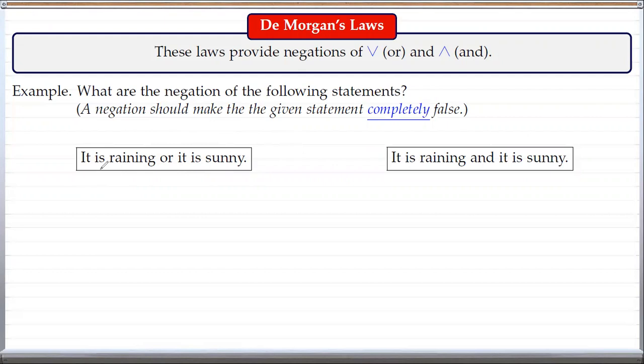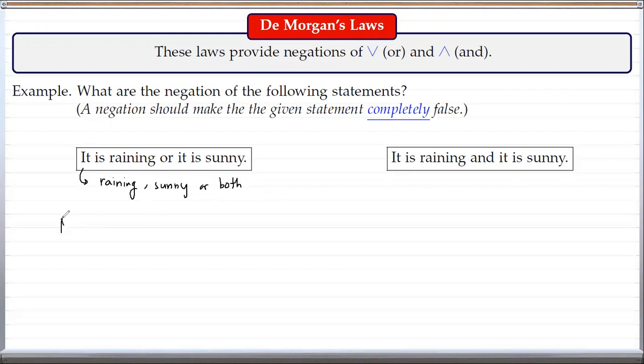The statement it is raining or it is sunny is true as long as at least one of these two is happening. So when you say it is raining or it is sunny, it could be just raining. It could be sunny, or it could be both. So to negate this, we don't want any of these three to happen.